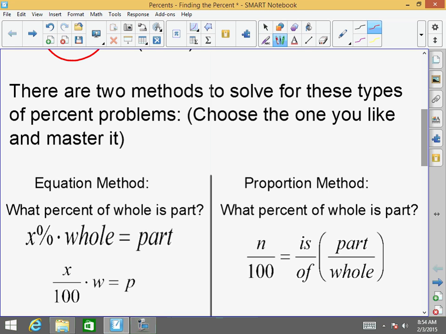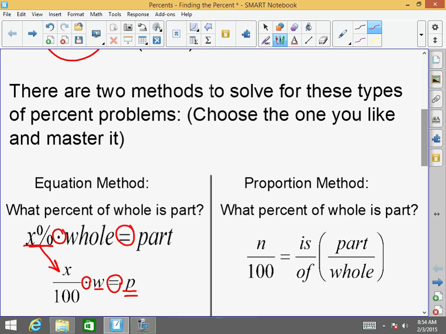For the equation method, what percent is x over 100, "of" means times the whole W, and "is" means equals the part P.